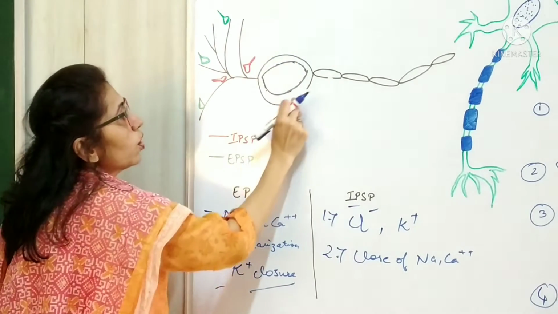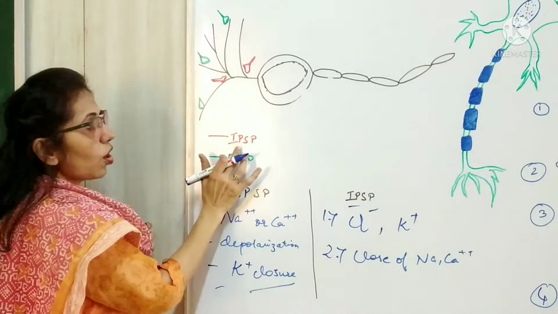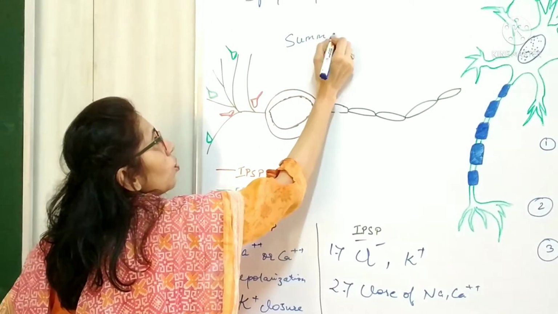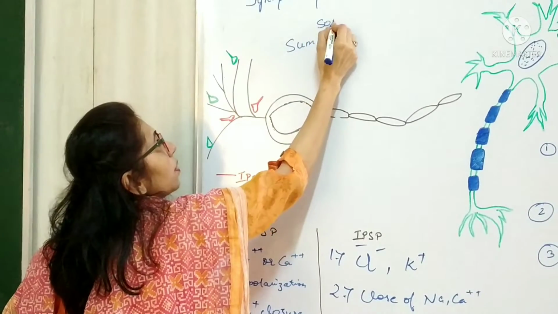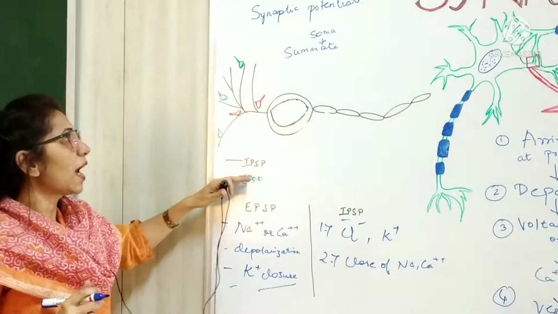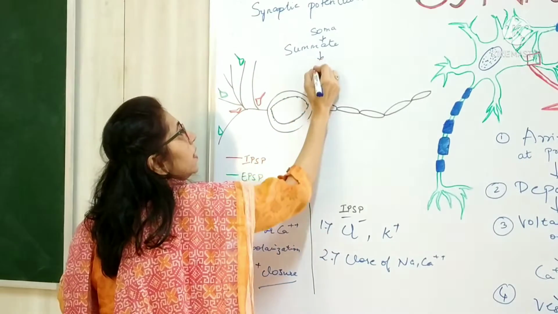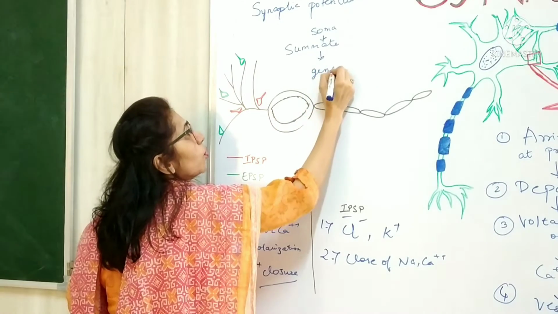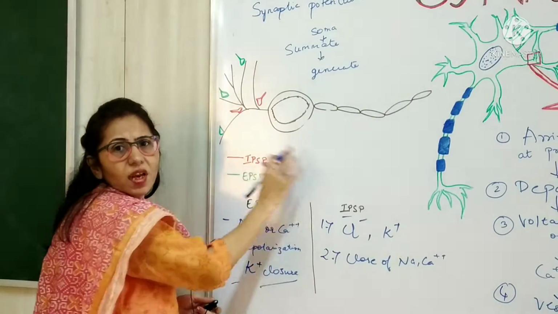Now what is the soma doing? Because the soma is receiving all these IPSPs and EPSPs, it is going to summate them. The role of the soma is to summate all the electrical potentials which have been generated, whether EPSP or IPSP, and finally the algebraic sum of these potentials will decide whether a propagated action potential will occur in the postsynaptic membrane.